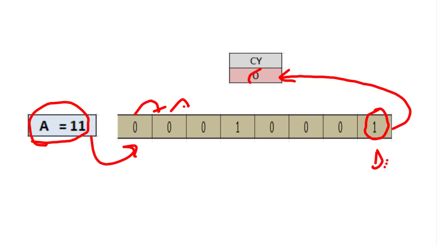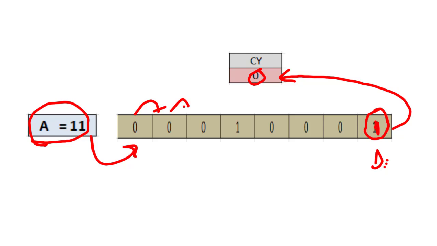If the carry bit is set, the number is odd. So if the D0 bit is 1, the number is odd; if it is 0, the number is even. If it is 1, we need to store the data. If it is 0, we don't need to store the data.